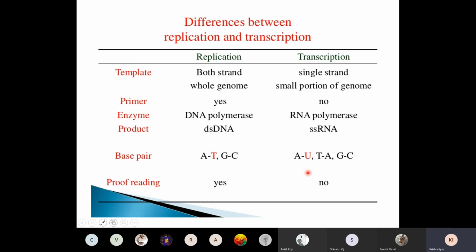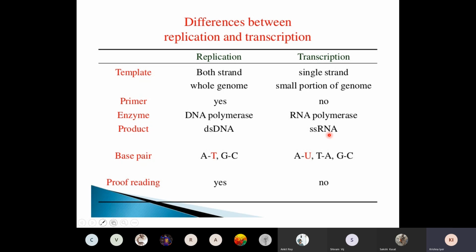And this is the interesting part, there is no proofreading. Okay, so when RNA is made and later on it is going to be read to give you a protein, there is no mechanism for correcting any errors when the RNA polymerase reads the DNA strand and makes a single stranded RNA. And if there are mistakes in this process, they are just left as is.